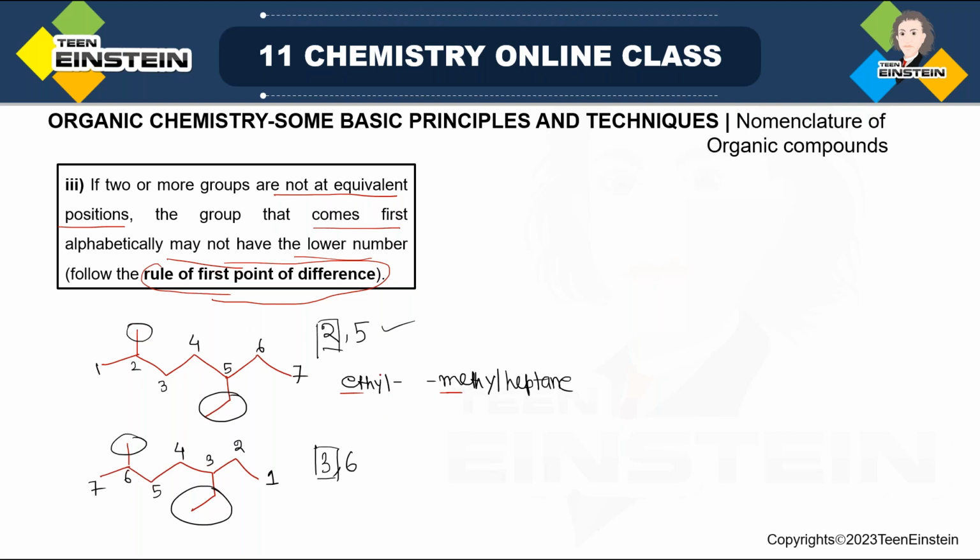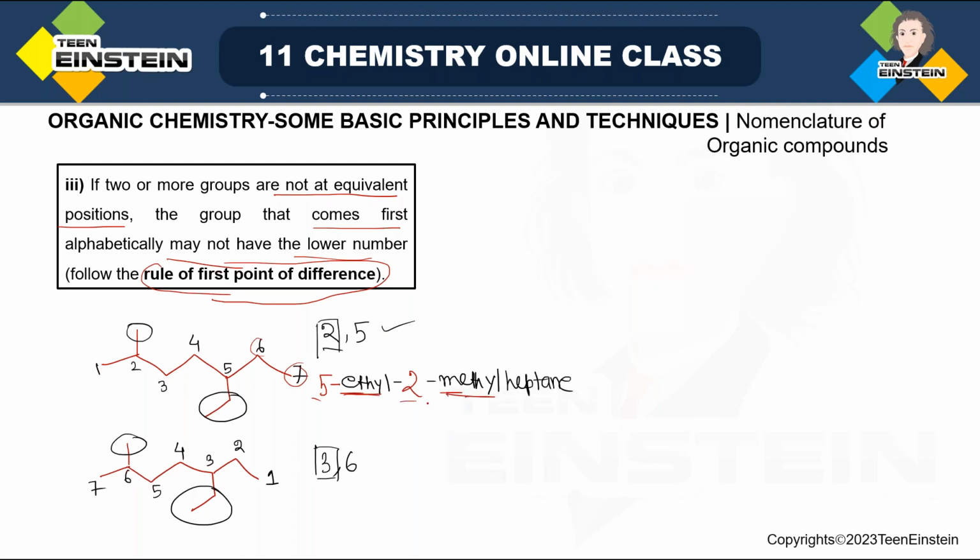But when you put the number, now it is 5 ethyl, because we have followed this numbering and ethyl is at 5 position. So it is 5 ethyl and then 2 methyl. But if you follow the second one, it will be 3 ethyl and 6 methyl, but that is not correct. So I will not write that name because this one is correct. So 5 ethyl 2 methyl heptane. Just put ethyl first, methyl second based on alphabetical order.